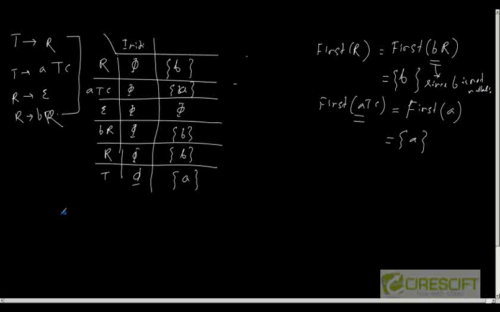Now let us come to the original problem. The original problem was how to choose a particular production for a given non-terminal.